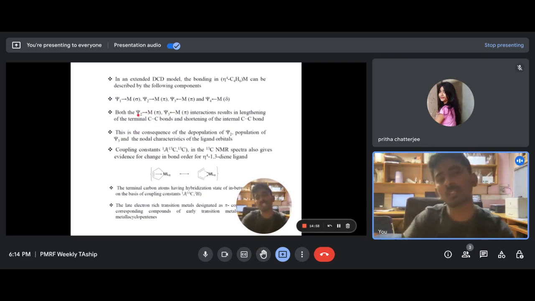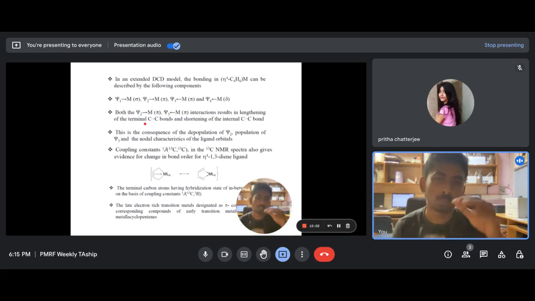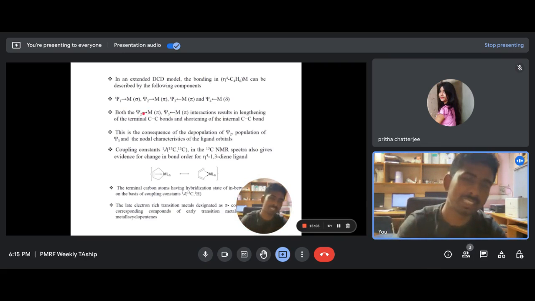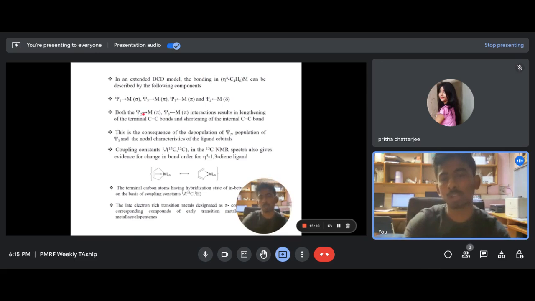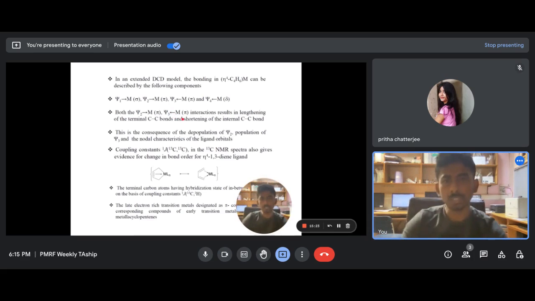When donation of electron occurs from the HOMO, the bond order will be suppressed, because the electron density in the HOMO is decreasing, so there will be a decrement in the bond order. Also, from this M-pi to Psi3 there will be a back donation, that is from the M-pi to the LUMO of this eta4 C4H6.